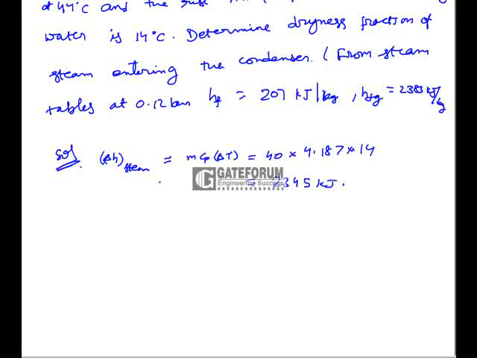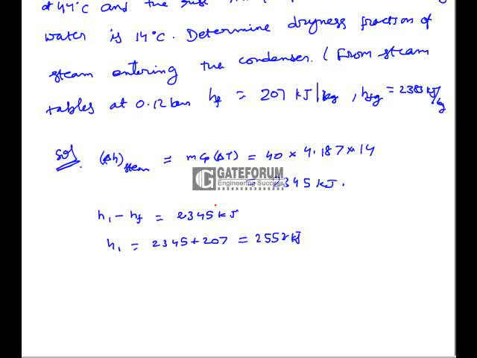In this process, generally steam leaves as saturated liquid, so that h1 minus hf is equal to 2345 kilojoules, and h1 is given by 2345 plus 207, which is equal to 2552 kilojoules, and this is the condition of the steam at the entrance.